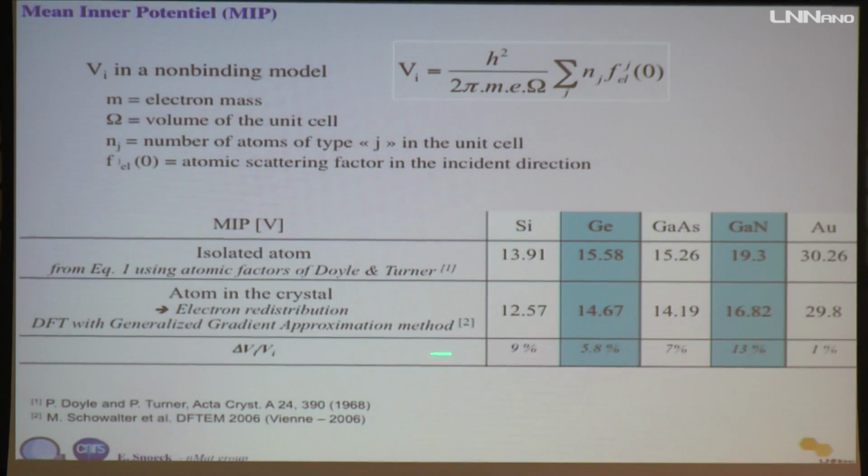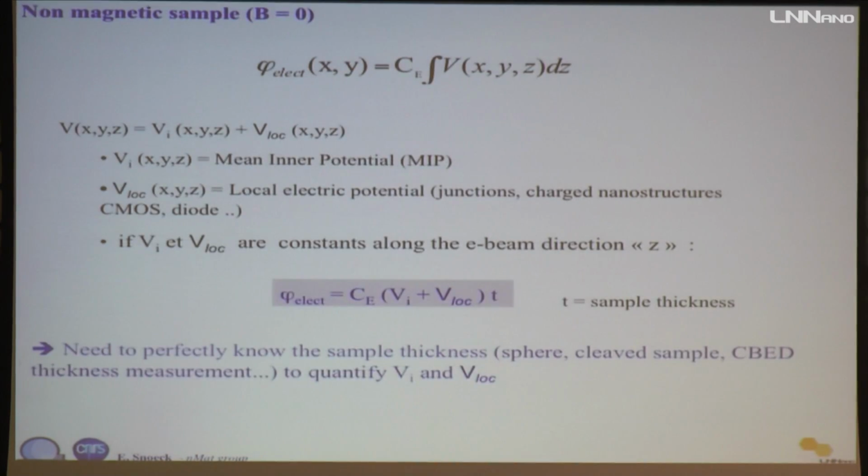And the difference could sometimes be huge if you take GaN. So there are many numbers for this mean inner potential, theoretical numbers, and it is complicated to really determine by electron holography. Whatever, electron holography could be used because if you are capable of measuring that and measuring the thickness, you will have information about this mean inner potential.